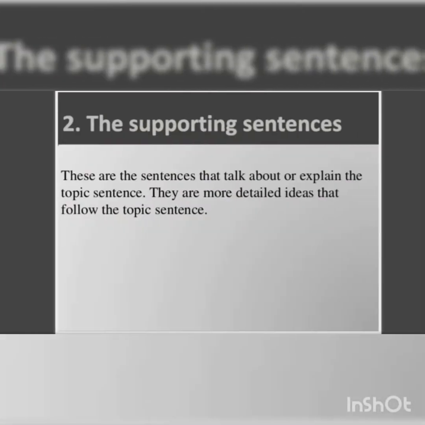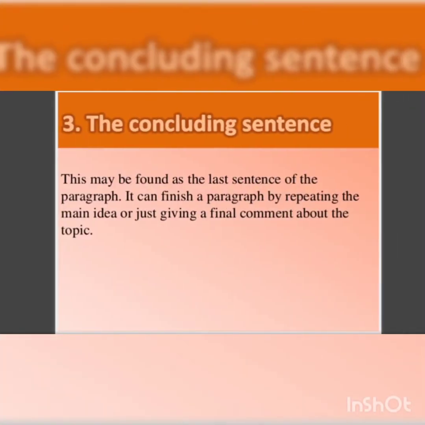What are the supporting sentences now? These are the sentences that talk about or explain the topic sentence. They are more detailed ideas that follow the topic sentence. So first we write the topic sentence and then we write the supporting sentences for the same topic. Do remember, you do not have to deviate from the topic. The sentences which you are writing in support must be related to your topic.